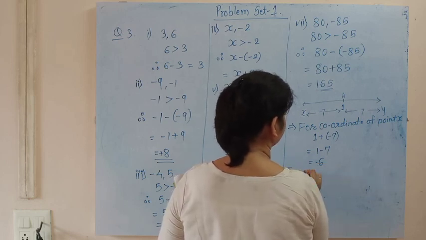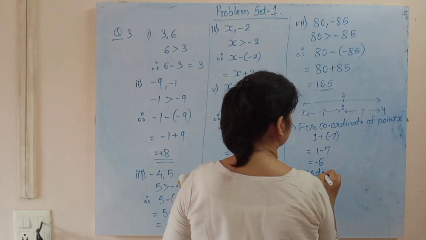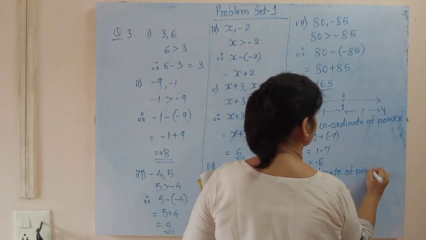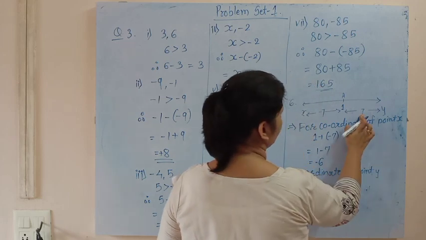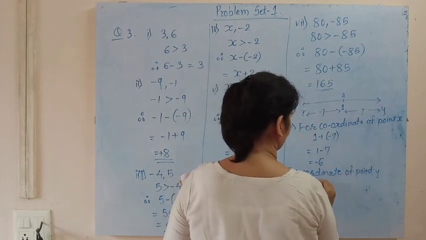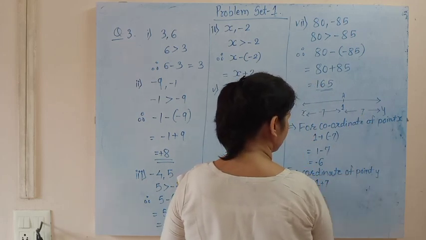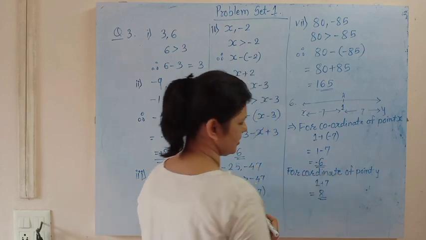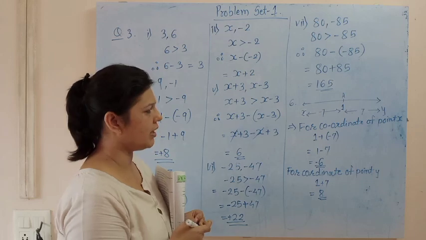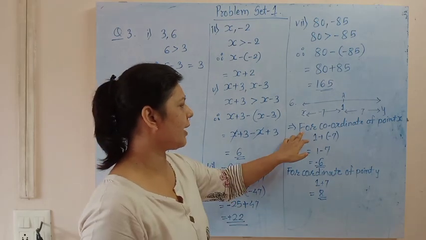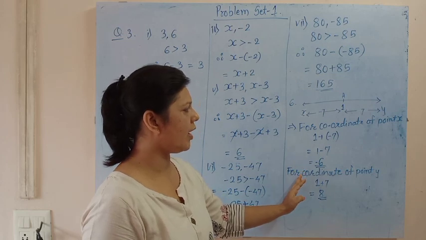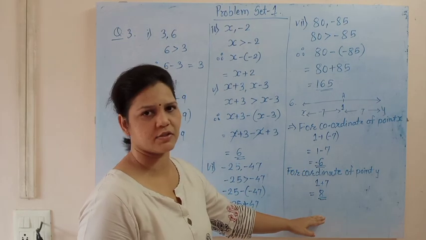Now for coordinate of point Y, you have to add 7, 1 plus positive 7, so that is the answer 8. So coordinate of point X, which is to the left, is negative 6. Coordinate of Y, which is to the right, is 8.